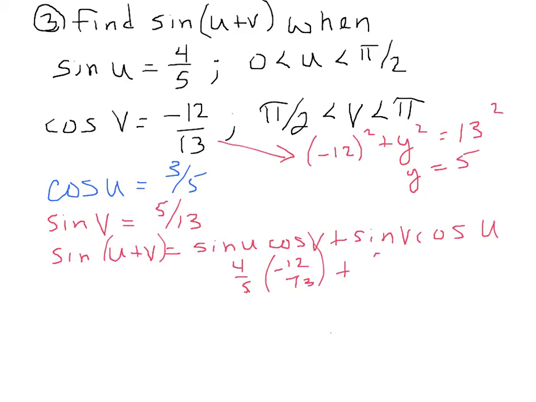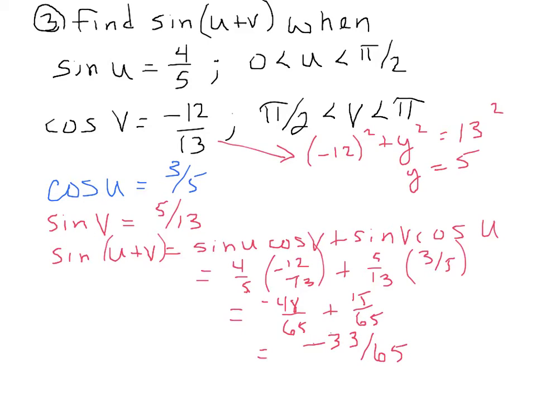Plus sine of v, which is 5/13, times cosine of u, which is 3/5. So I've got negative 48 over 65 plus 3 times 5 would be 15 over 65. So if I take 15 and I subtract the 48, what am I going to get there? Negative 33 divided by 65. And that is the sine of u plus v.